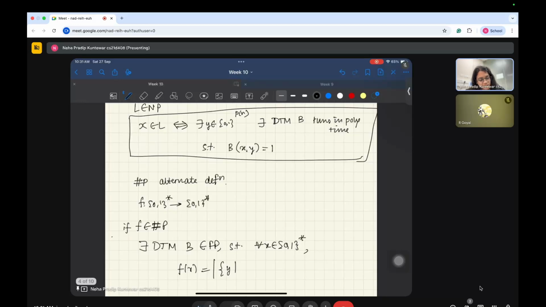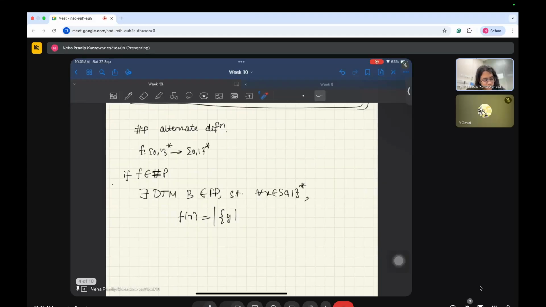Here we are saying that there is some certificate for B that will make it accept if x is actually in L. Otherwise, no certificate that you give will make it accept. So similarly, we want to capture the fact that the number of such certificates y that you have should be exactly equal to f of x.